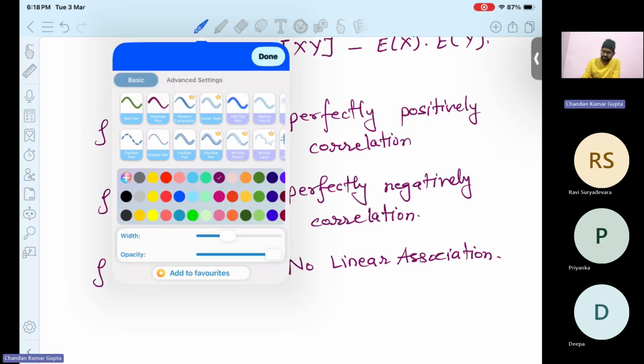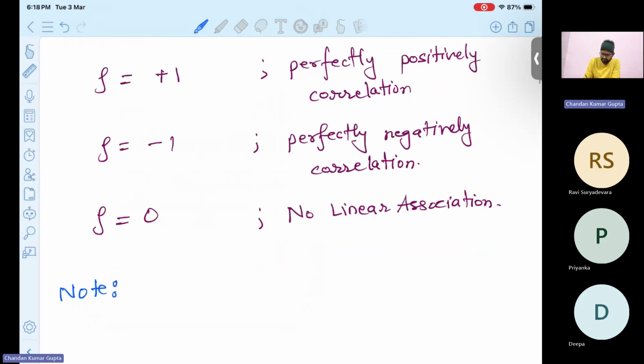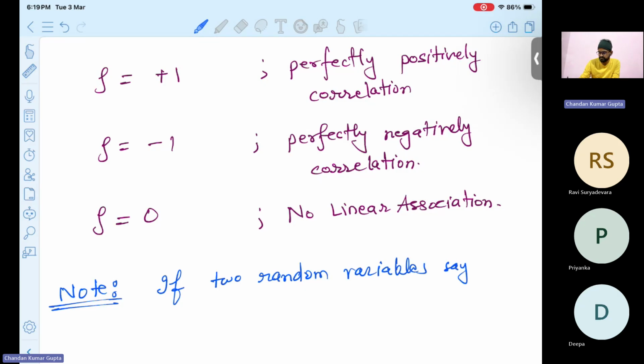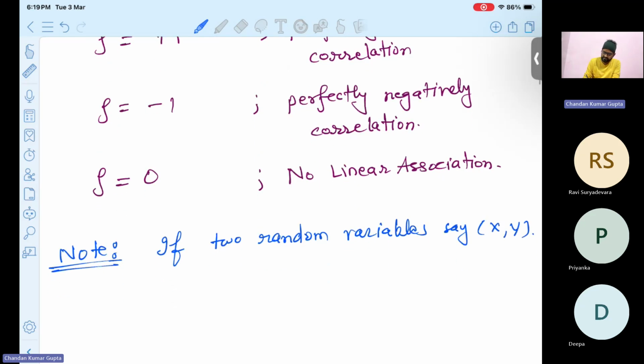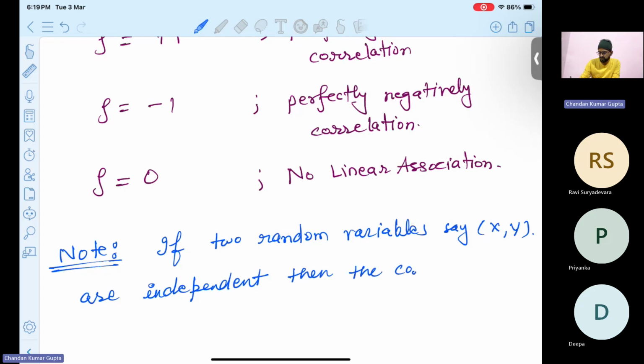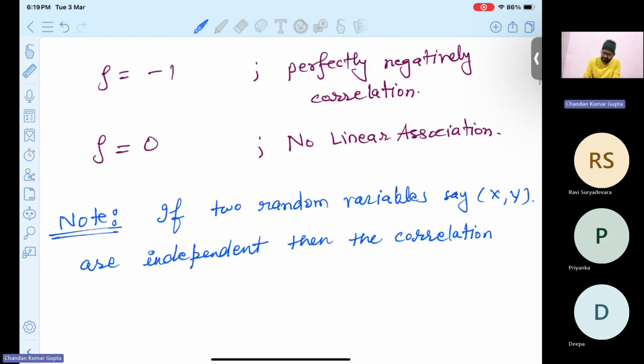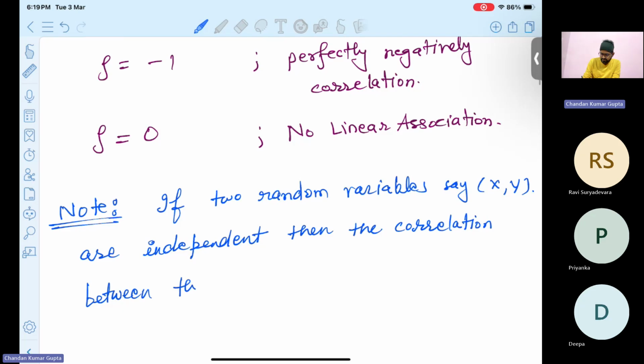There is one note actually. If two random variables, say x and y, are independent, then the correlation between them is 0.